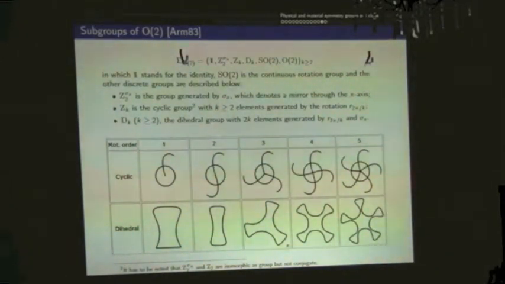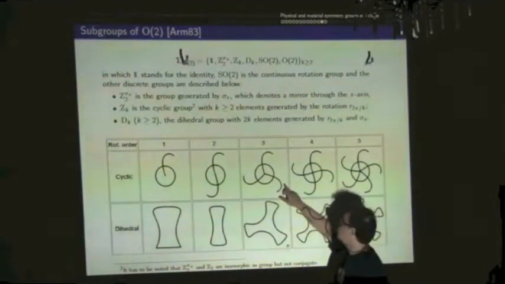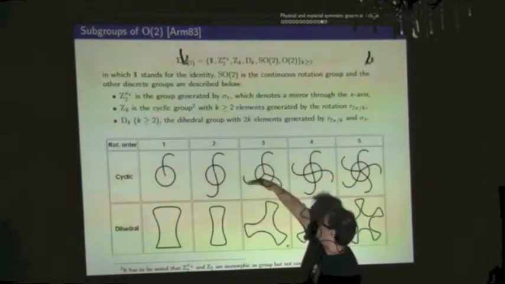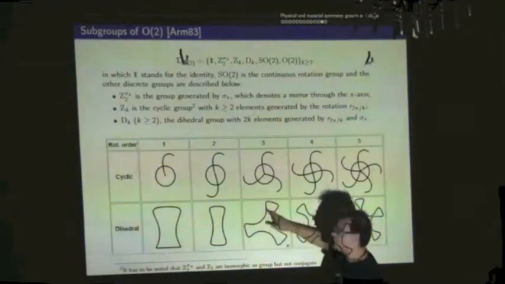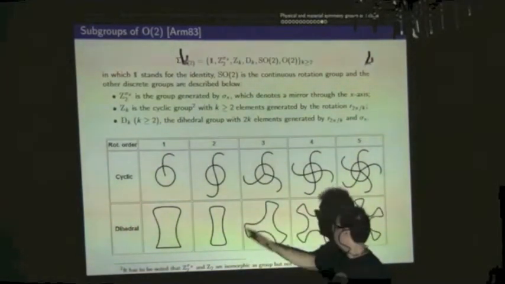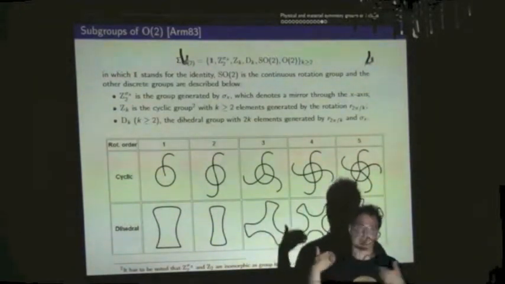And now if I go adding mirrors, I go from cyclic to dihedral. Dihedral is just what you had before, adding your mirrors. Here it's Z3. I will add some mirrors here, here, here, and I will obtain a figure that is invariant by rotation as before, but which is also invariant under some mirror operations.